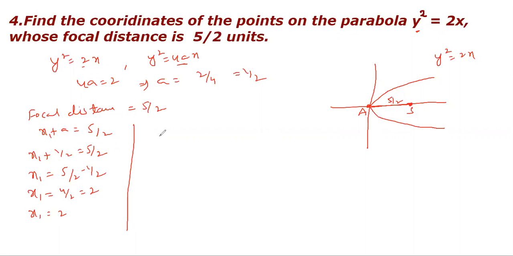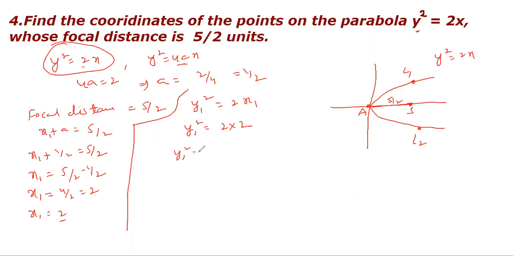After getting the x1 value, we have to find y1, because it is a point L1 and a point L2. These values we are going to find here. From this equation, y1 square equals 2x1. So y1 square equals 2 into x1, and just now we got x1 as 2.